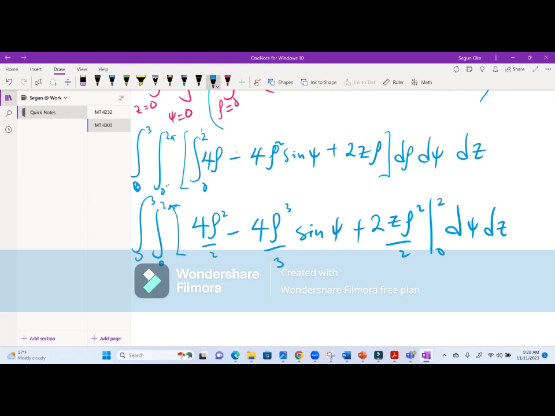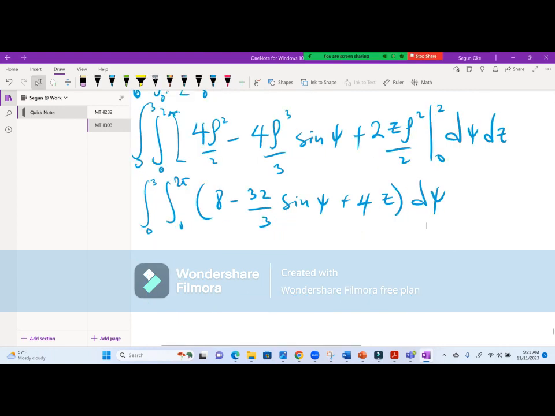So at the end of the day, when you resolve this one, you are going to have 0 to 3, then 0 to 2 pi, making 8 minus 32 over 3 sine phi plus 4z. So we can now integrate with respect to psi. If you integrate with respect to psi, what do we have?